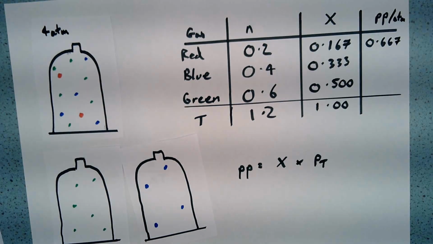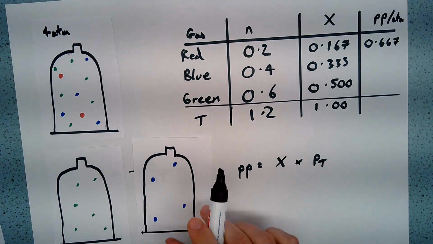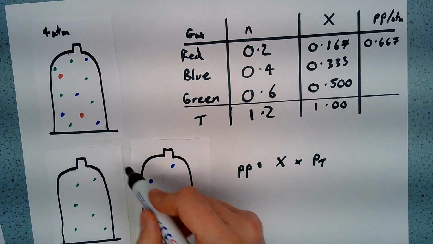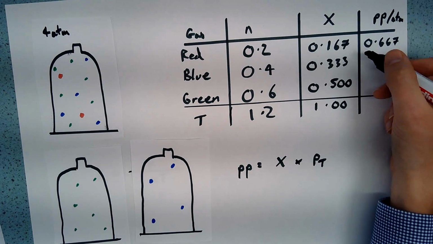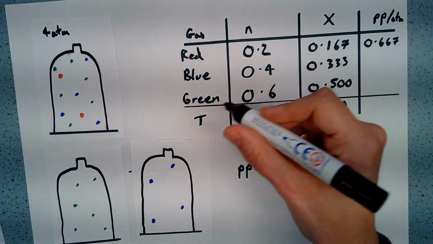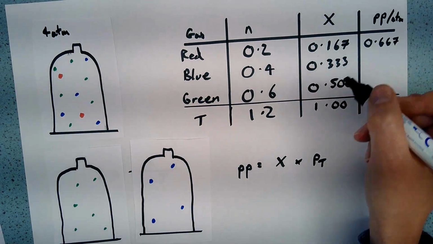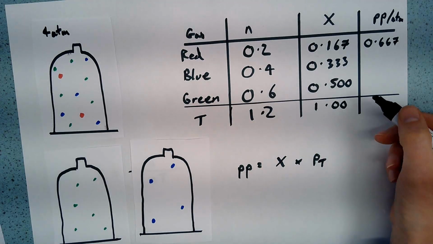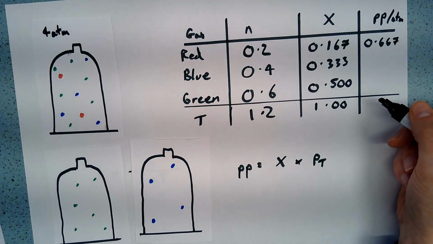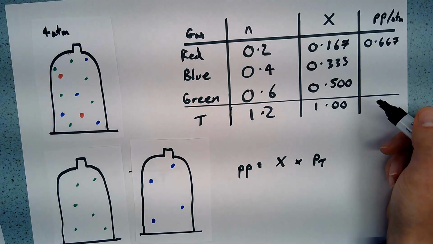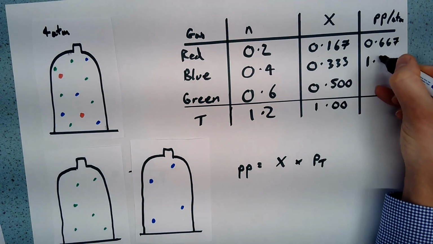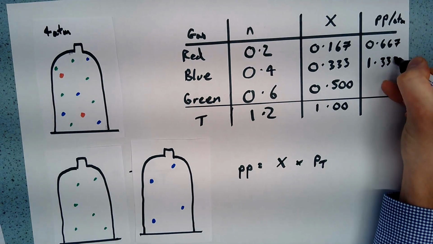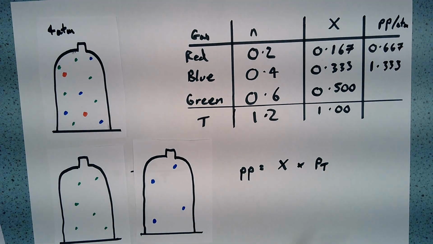If we then do this for the blue, a third of the particles are blue, so a third of the pressure of 4 atmospheres is going to be due to blue particles. So a third times 4 atmospheres gives me 1.333.